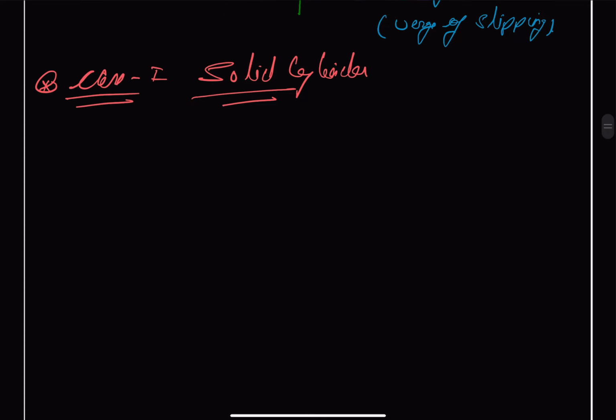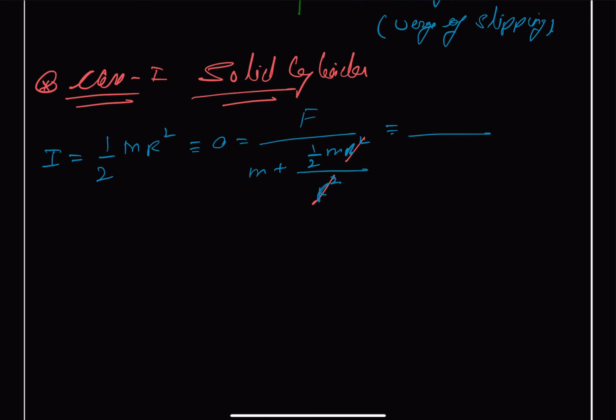For a solid cylinder, we know that the moment of inertia I is equal to 1 by 2 m r square. Therefore, our acceleration a will be equal to F upon m plus half m r square upon r square. Here r square and r square cancel out, so this becomes 1 by 2, and 1 plus 1 by 2 is 3 by 2. So this will be equal to 2F upon 3m.